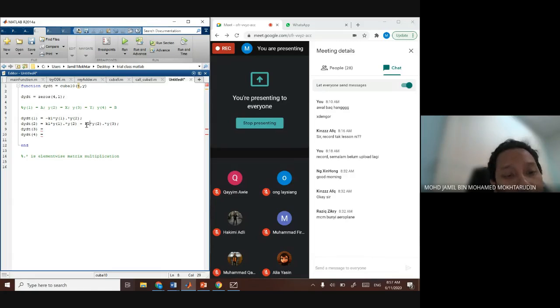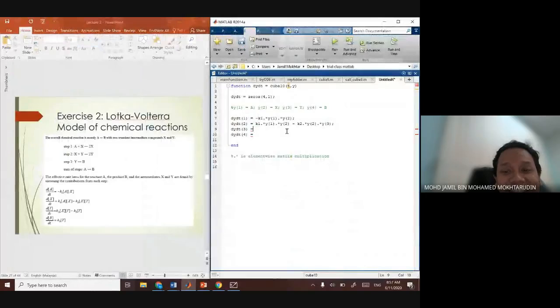But for K here, K1, kita tak letak dot sebab K1 is a constant. So we don't need to put dot. But you can also put dot, okay? Just as a measure of langkah berjaga-jaga. Precaution, sir. Precaution, gitu.